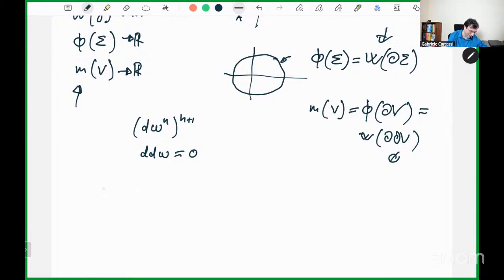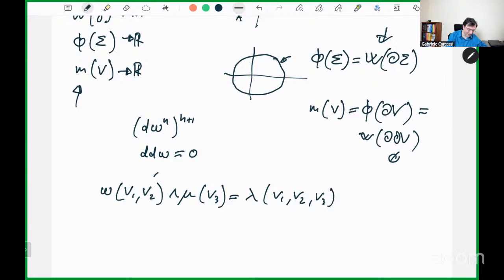So I guess I should write it like this. So let's say that we have an omega on V1 and V2, right? And then I have a wedge, let's call it mu, whatever. And then this is on another vector, right? This now is going to be another form lambda of V1, V2, V3, right? So this was taking an infinitesimal surface.